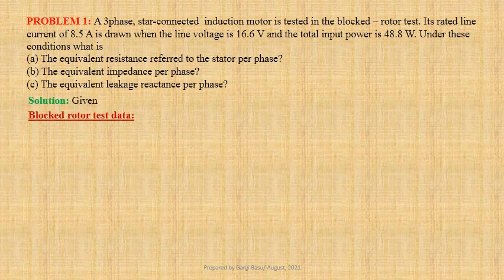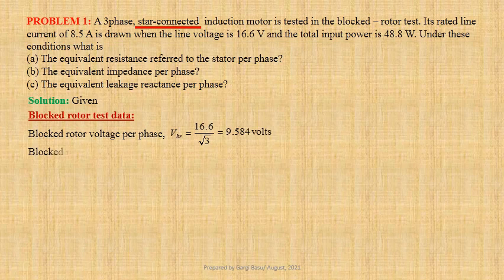Since the stator is star-connected, blocked-rotor voltage per phase VBR equals 16.6 divided by root 3, that gives us 9.584 volts. Blocked-rotor current per phase IBR equals 8.5 ampere. Input power PBR equals 48.8 watts.